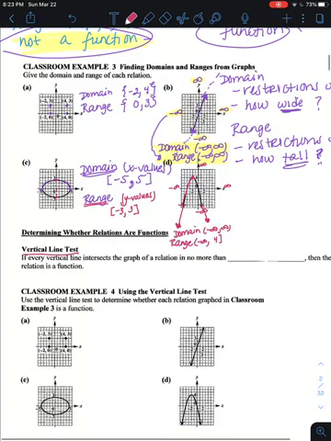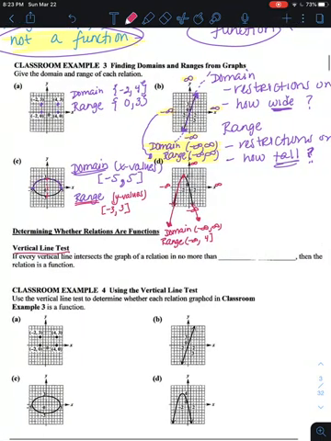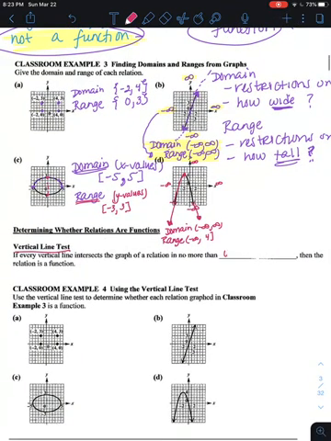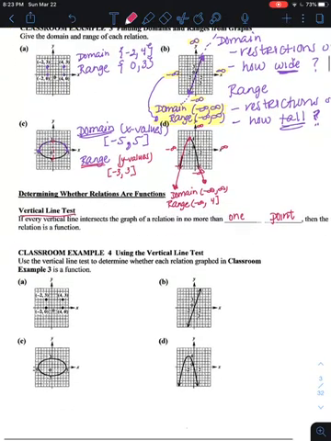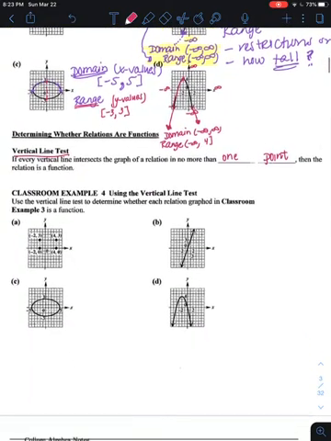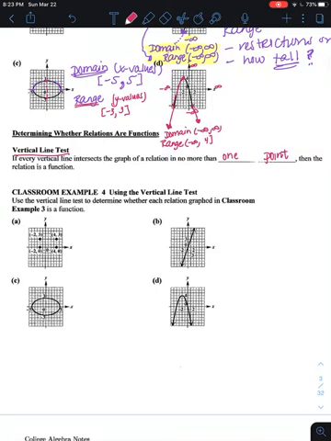It says, if every vertical line intersects the graph of a relation in no more than one point, then the relation is a function. Letter A would be the perfect example to use to determine whether or not something is a function.